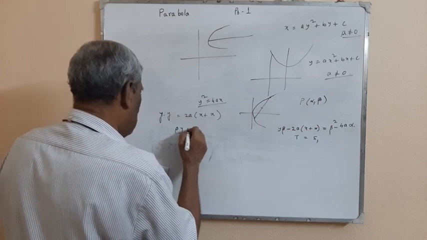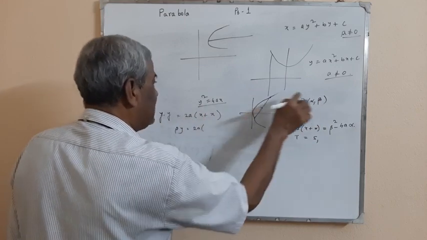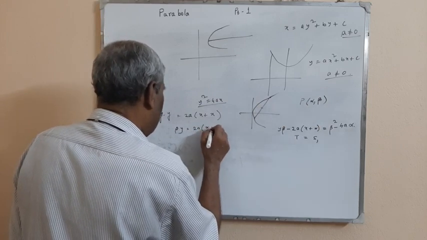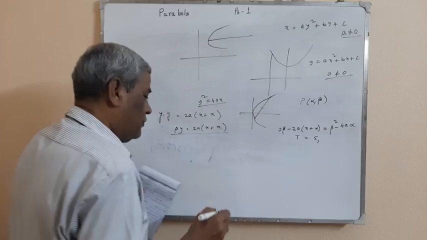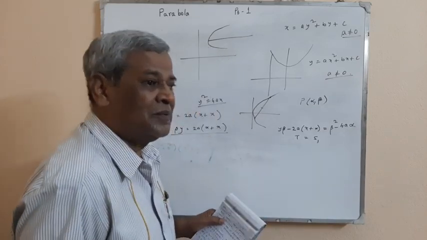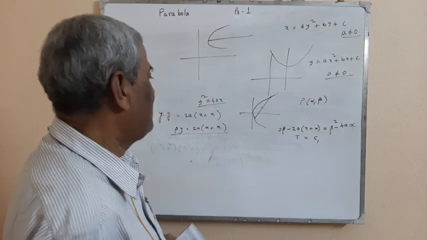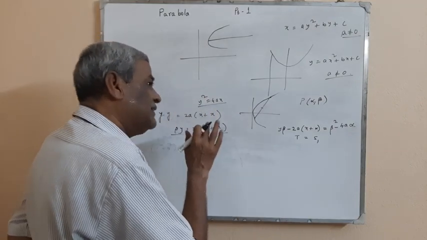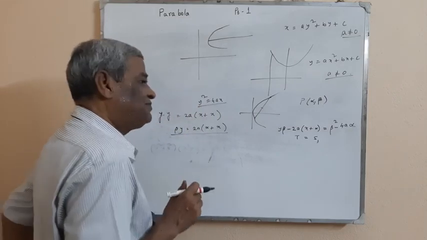Beta y equals 2a into (alpha plus x), one x intact and the other x as alpha. This is the technique for any conic section: circle, ellipse, parabola. The equation of the tangent can always be written in that form.